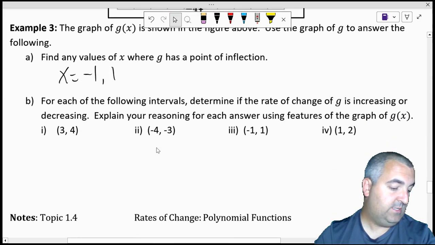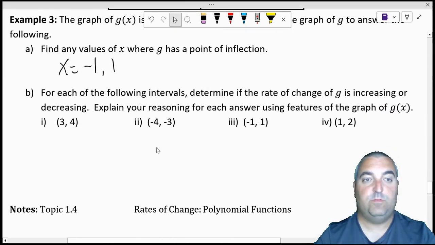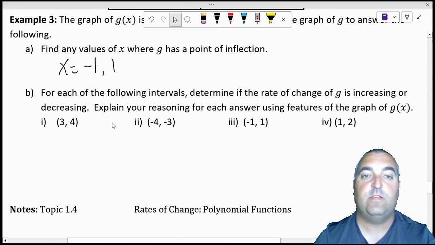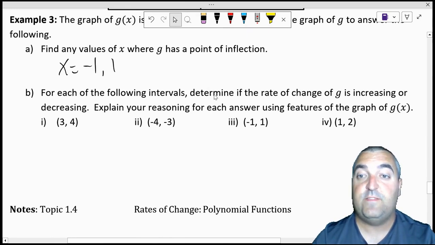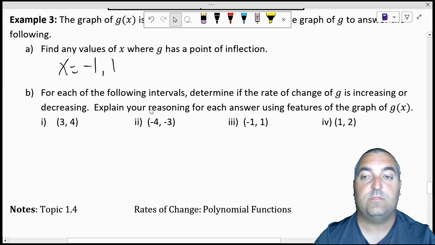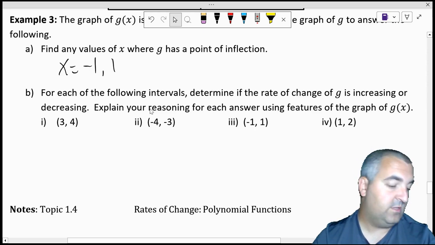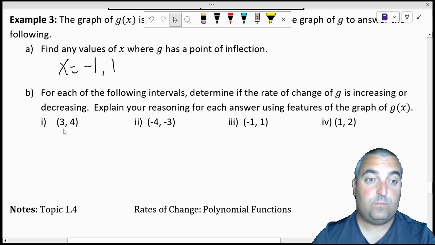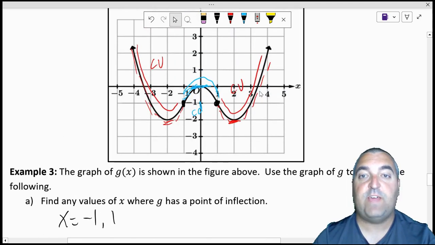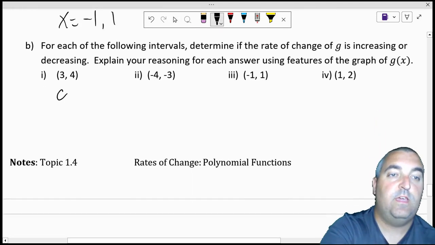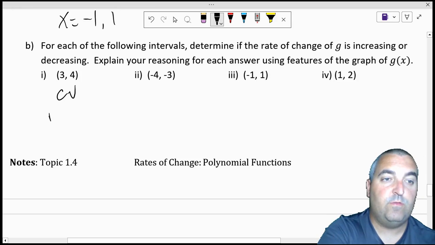All right, now this part will be fairly quick. It says for each of the following intervals, determine if the rate of change of g is increasing or decreasing. Explain the reason for each using features of the graph. First, from 3 to 4. We've already marked this up, so it should be quick. From 3 to 4, we are in that concave up part, which means the rate of change is increasing.